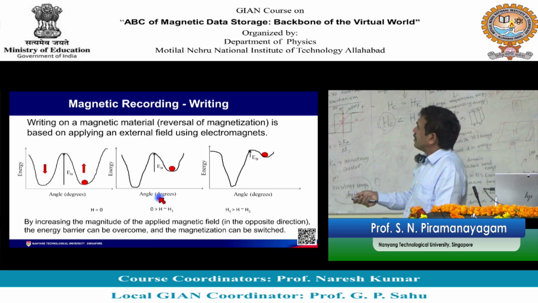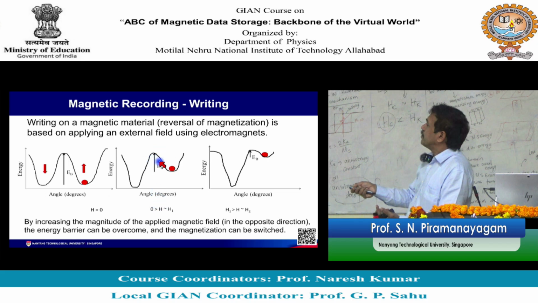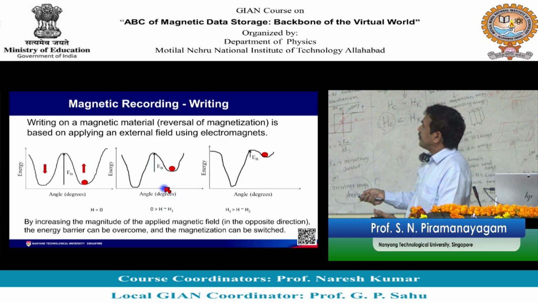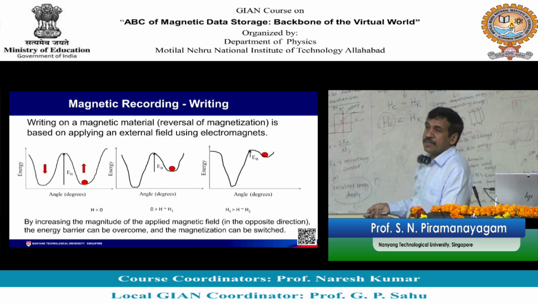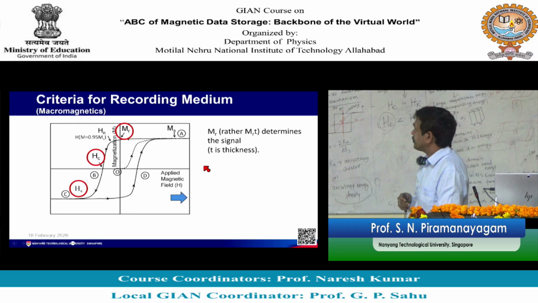If you apply some weak field, maybe you are just reducing the energy barrier, but you are not able to overcome it. So this applied field has to be larger than the energy barrier, only then can we switch the magnetization. This is how we write information.